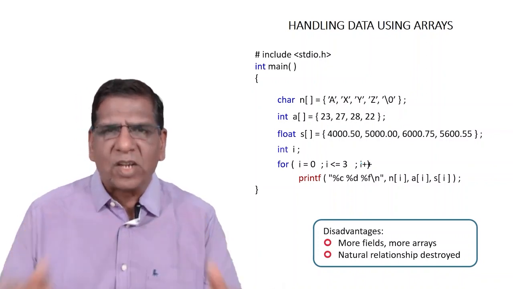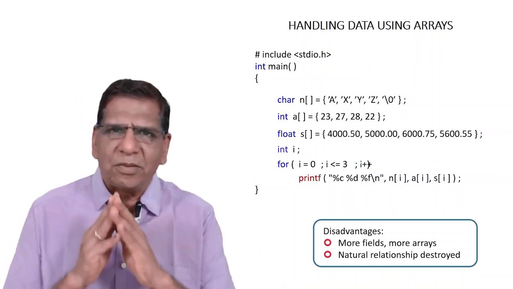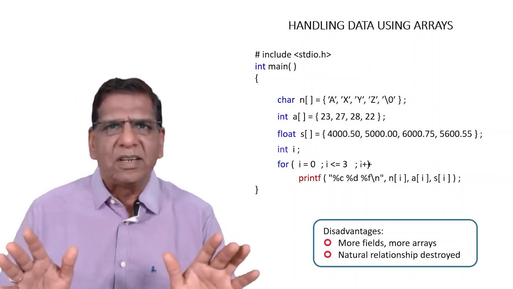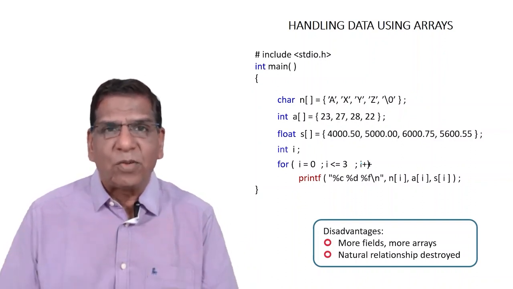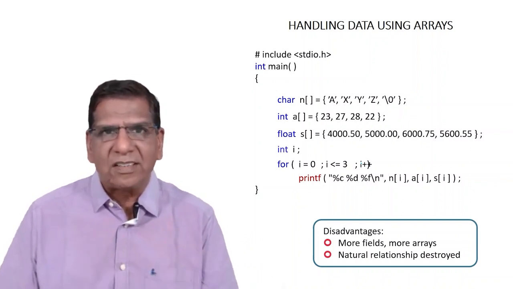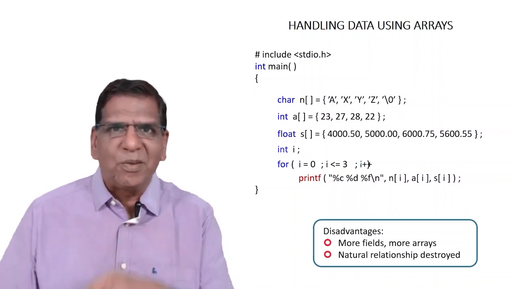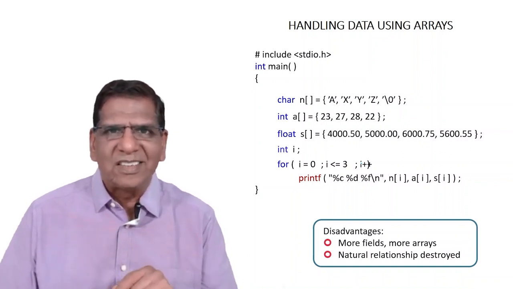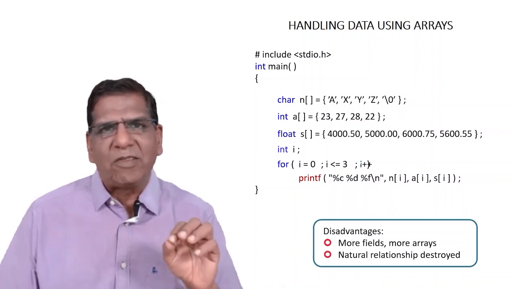Means a record containing 30-35 fields for an employee is pretty common. And realize that for 3 fields we created 3 arrays. For 30 fields we will be required to create 30 arrays. And that, you will agree, will be quite cumbersome.